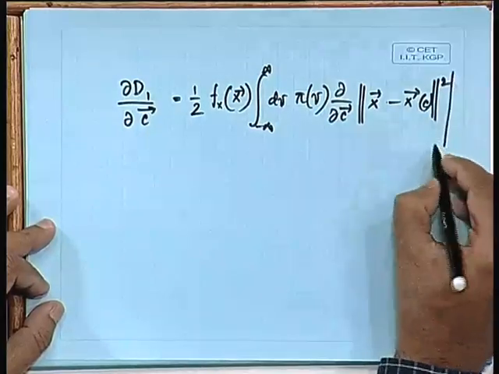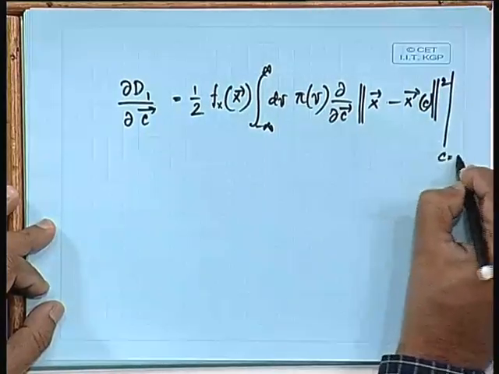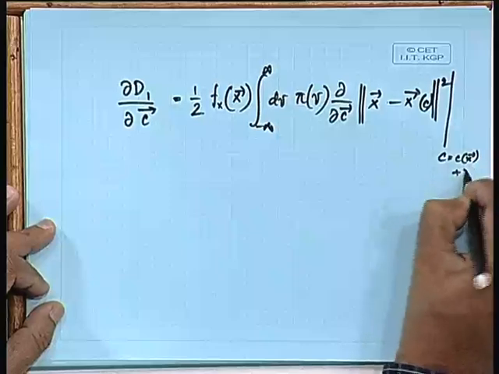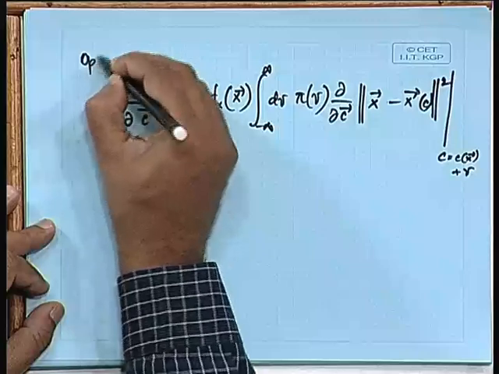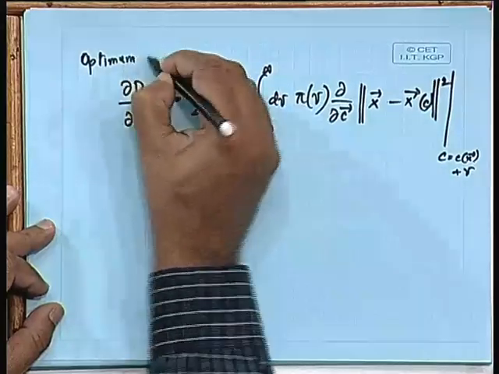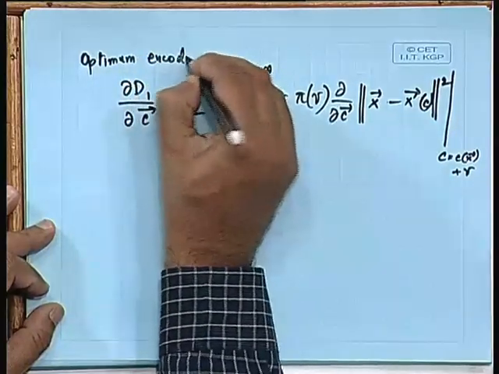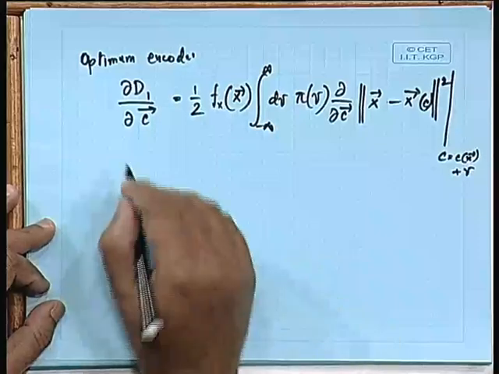This is at the point C equal to Cx plus nu. So, this is for the optimum encoder. We have to equate this to 0 and solve.